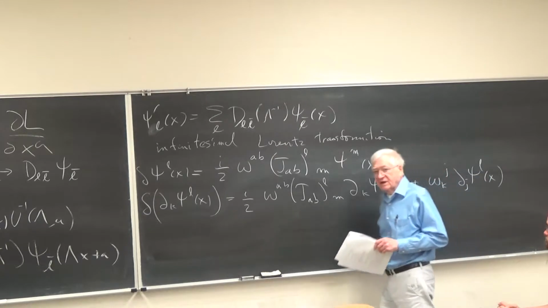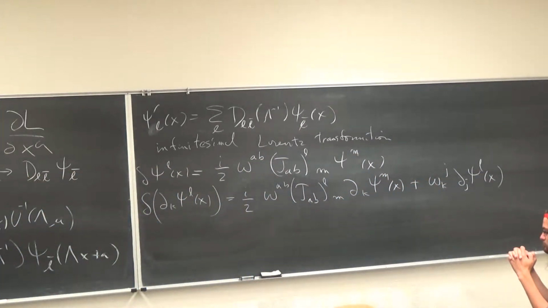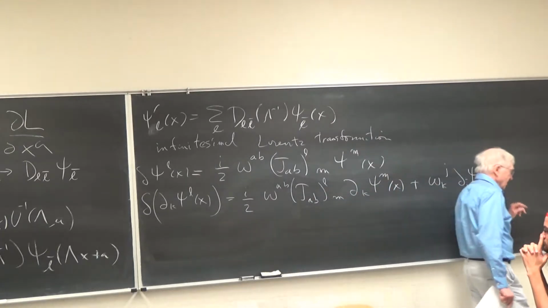So again, this is not really a Lorentz transformation, this is just a transformation under which the action density is invariant in the Lorentz invariant theory, because I'm keeping the x's invariant.